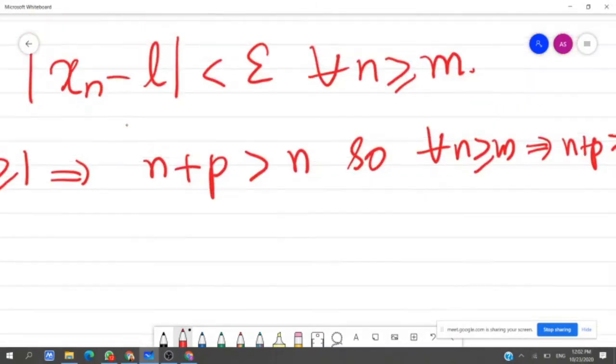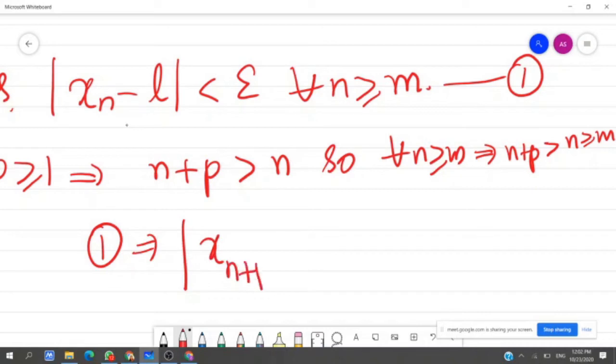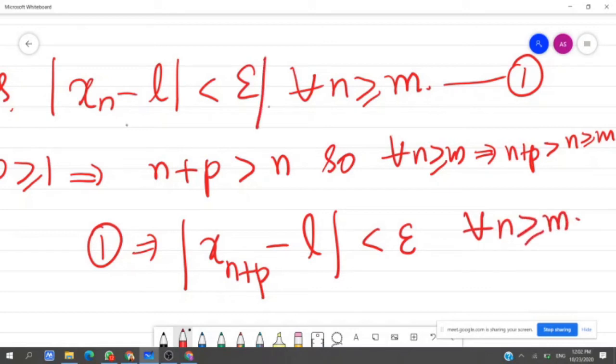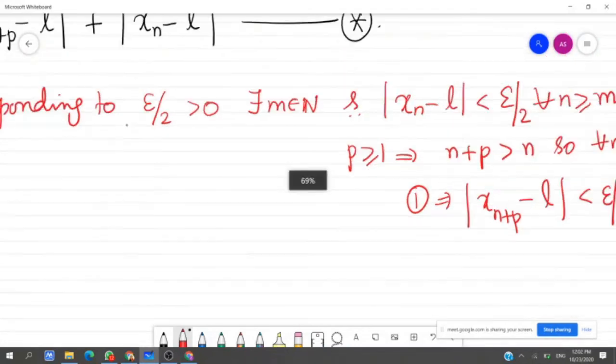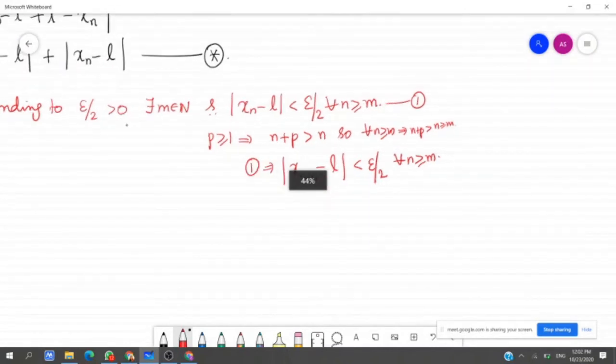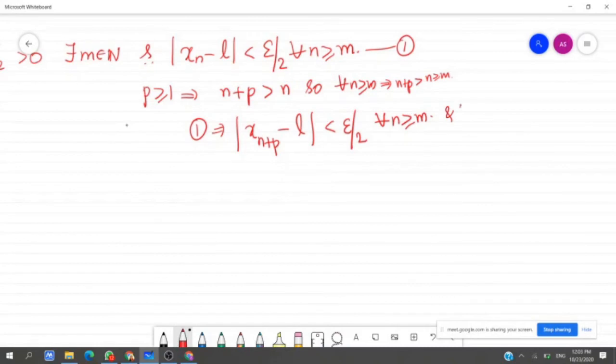So this inequality, say 1, implies xn plus p is also in the epsilon neighborhood of L. Oh, we took the epsilon by 2 neighborhood, right? We considered epsilon by 2 and then took m. Okay, so it is in the epsilon by 2 neighborhood of L for all n greater than or equal to m and p greater than or equal to 1.